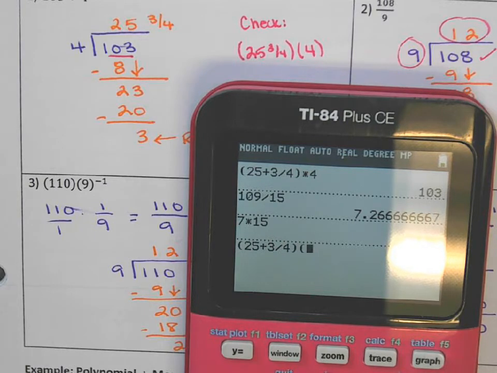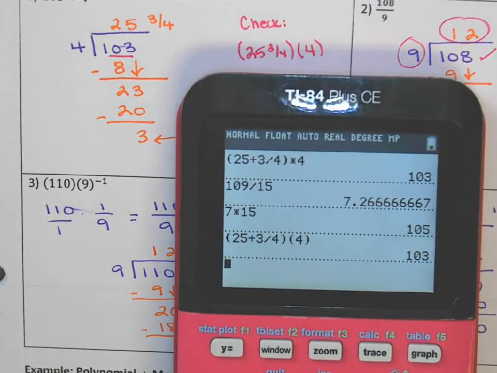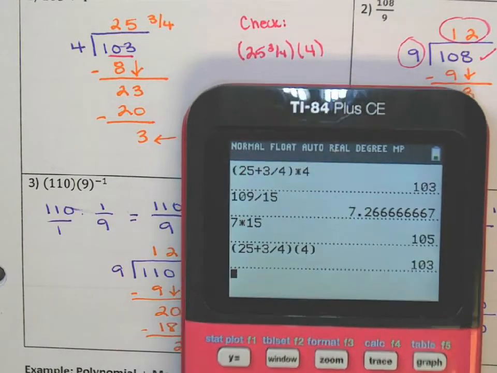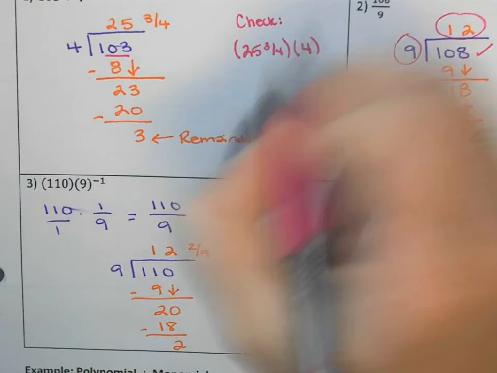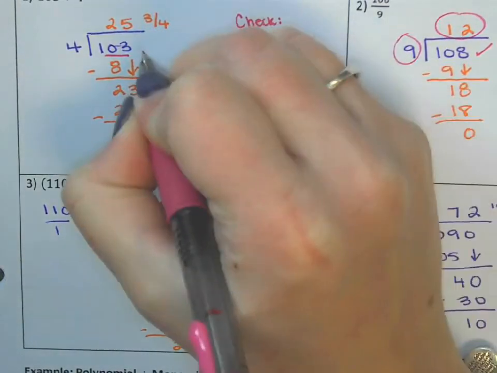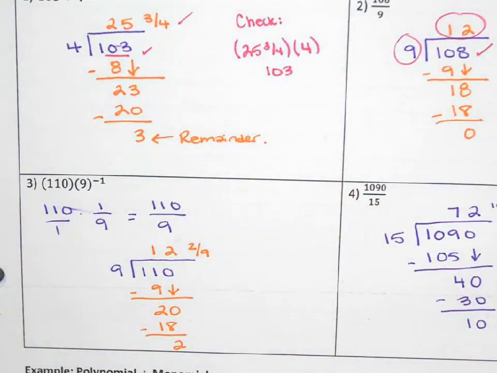Okay, times that 4, and what should I get when I type this in? I should get 103. There we go. It worked. So that tells me that that is the correct answer.